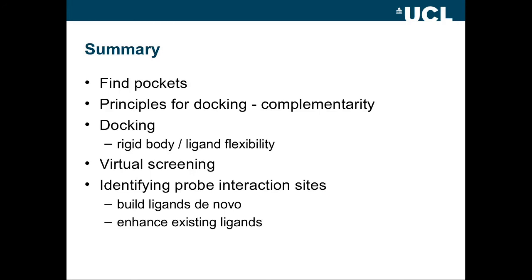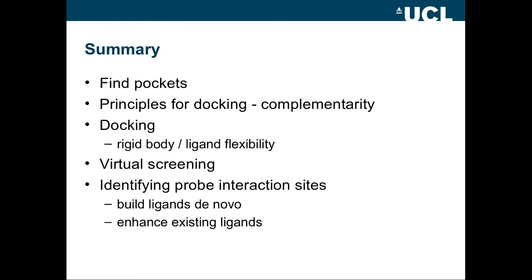And we then generate lots and lots of possible conformations of the ligand and possible orientations of the ligand, and we can then analyze those in order to find the most likely actual docked conformations.